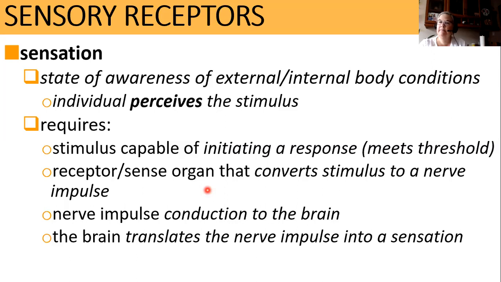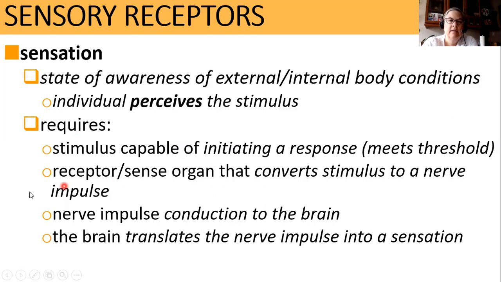Or if I have damage to my occipital lobe, then I can't process that message, and I don't see it. So it has to go through each of these steps in order for me to have an awareness of it.